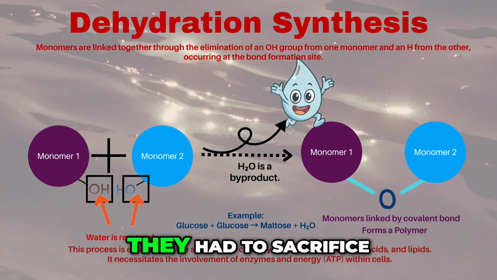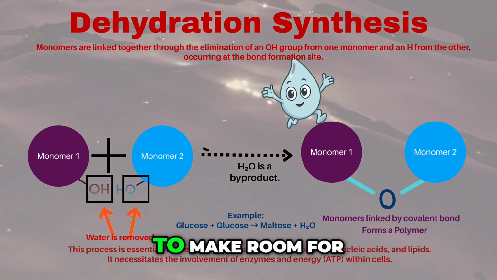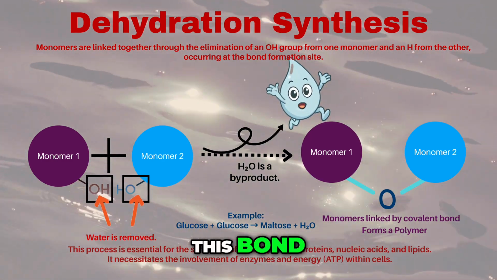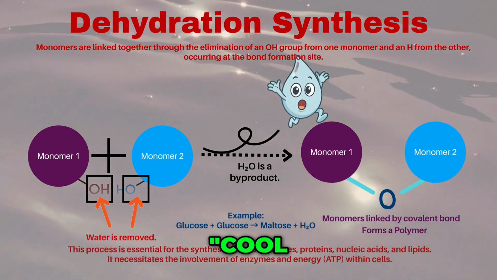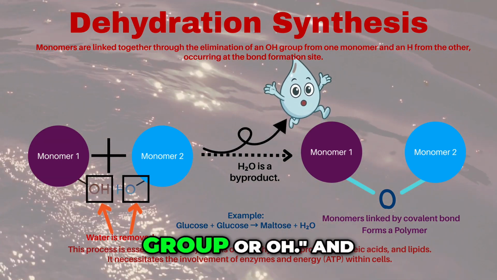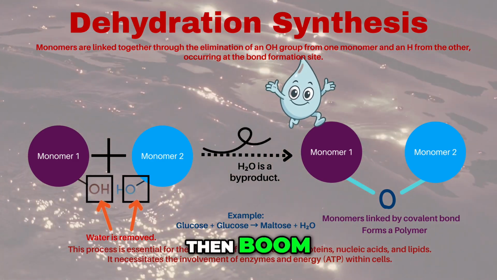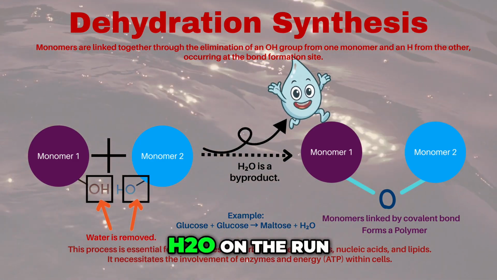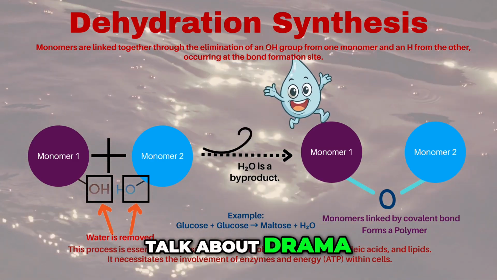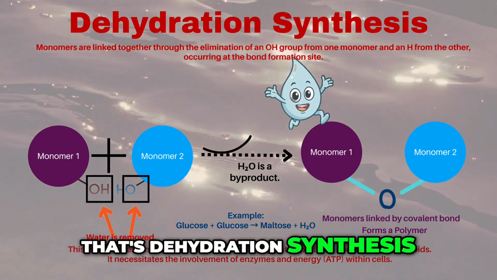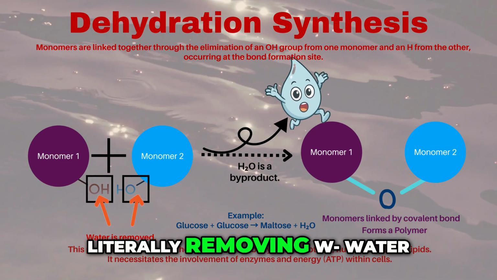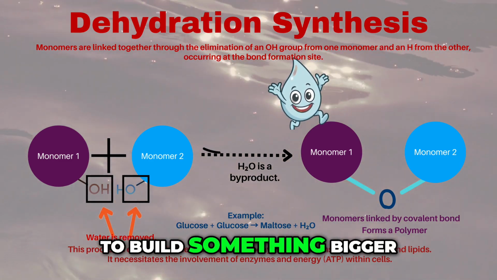But to do that, they had to sacrifice a part of themselves to make room for this bond. Monomer 1 was like, yo, I'll drop off a hydrogen, and monomer 2 is like, cool, I'll lose a hydroxyl group, or OH. And then boom, there was me, H2O, on the run. Talk about drama. They bonded, I bounced. That's dehydration synthesis, literally removing water to build something bigger.